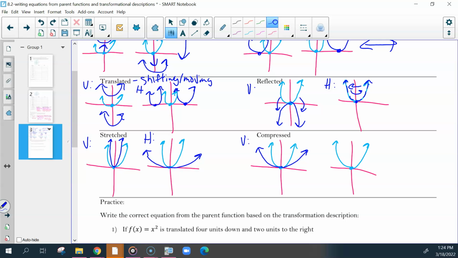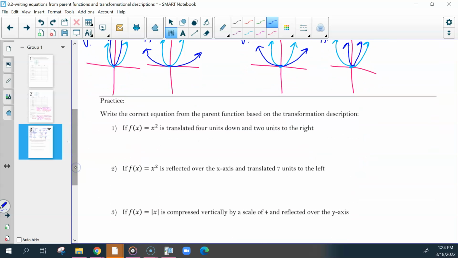Horizontally stretching, we are stretching towards the x-axis. So for a horizontal compress, we would be shrinking away from the x-axis. So that would also look similar to the vertical stretch.